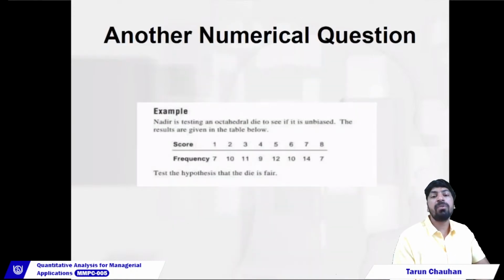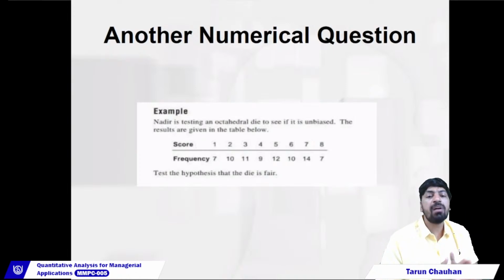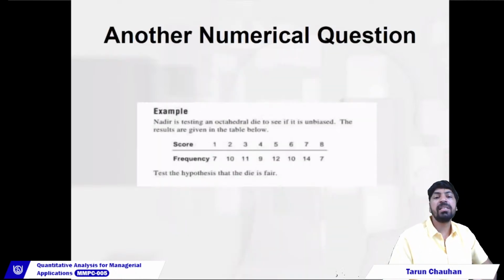When there is no row and column, individual values are always given to you, individual frequencies based on the scores. Then how to calculate the expected frequency? Just find the average of the observed frequencies, that is the mean.